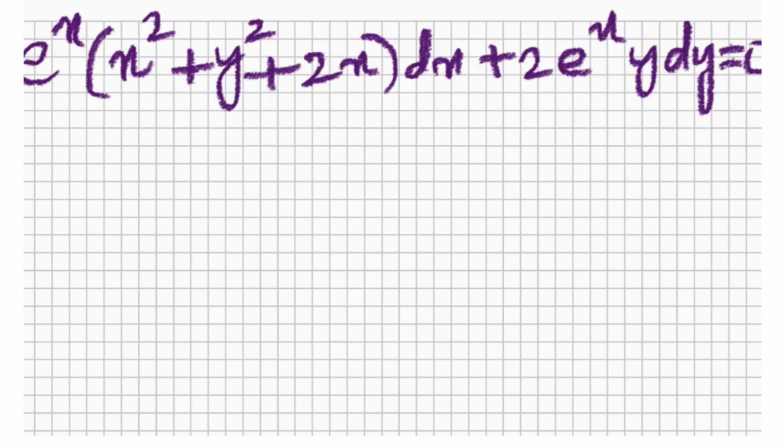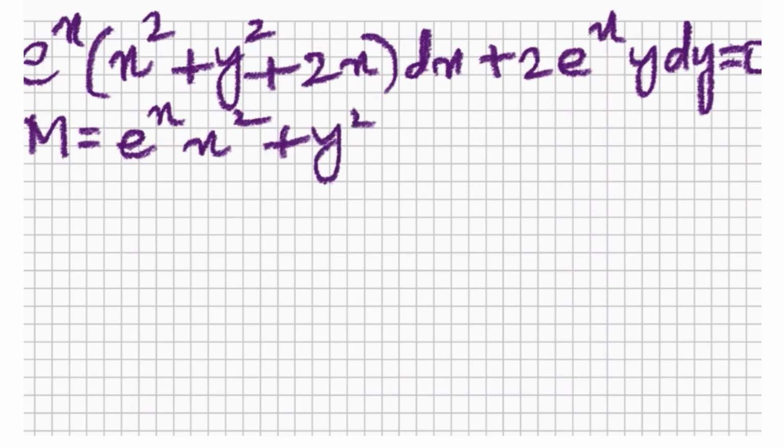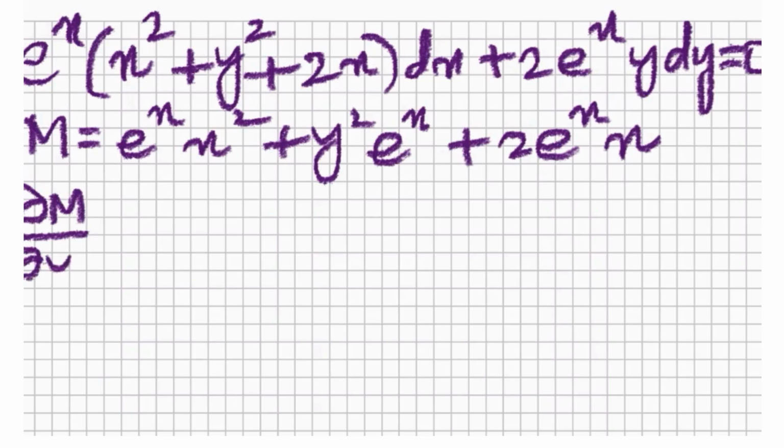This gives us a new set of dx and dy terms, which we again partially differentiate in order to find if it's exact or not. And as we can see, both of these terms are equal.